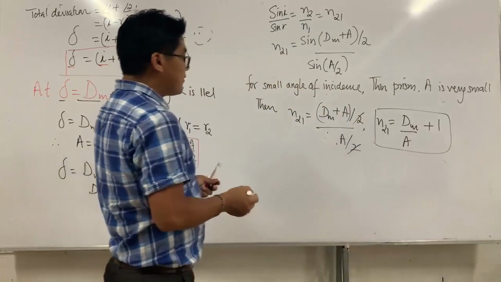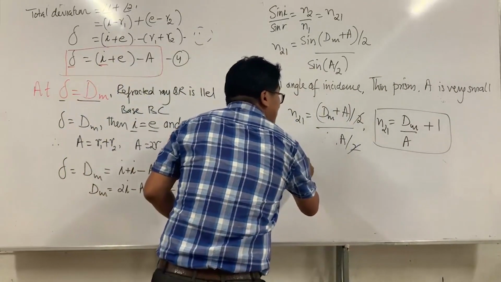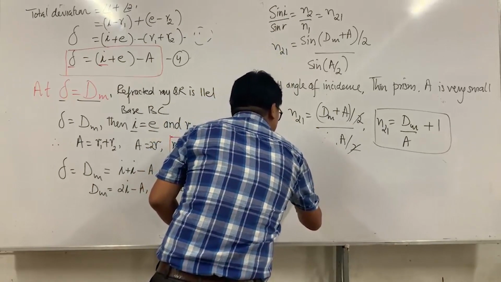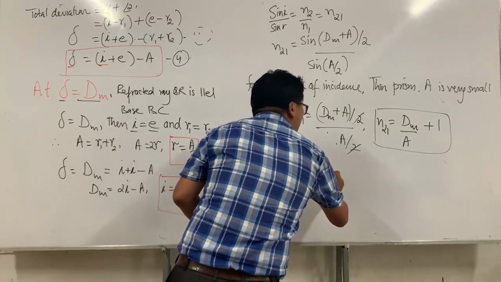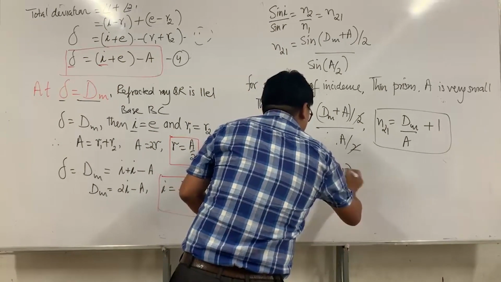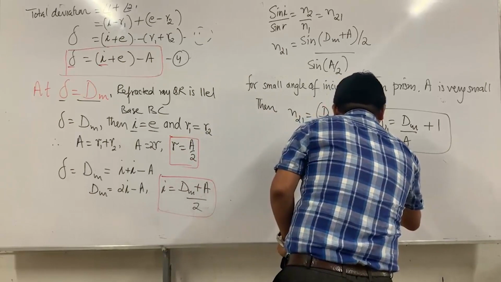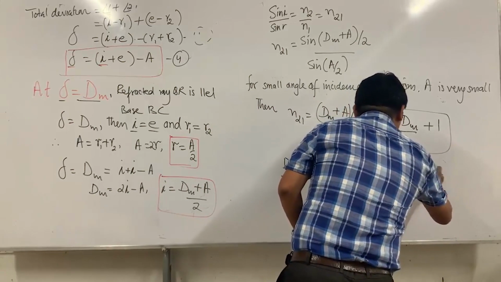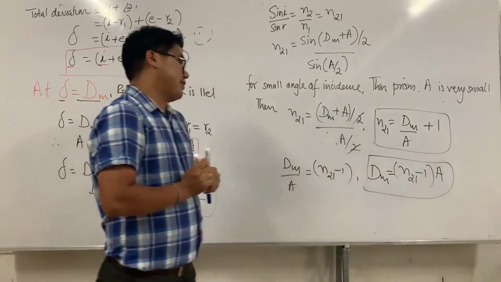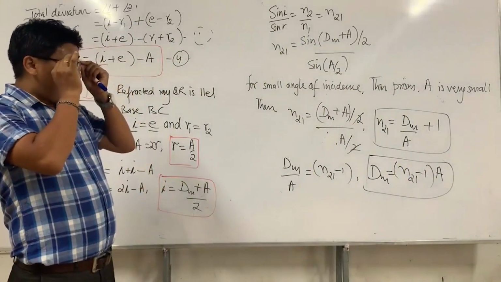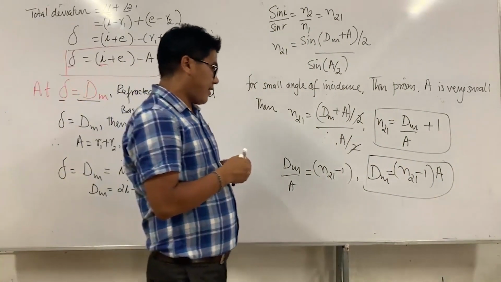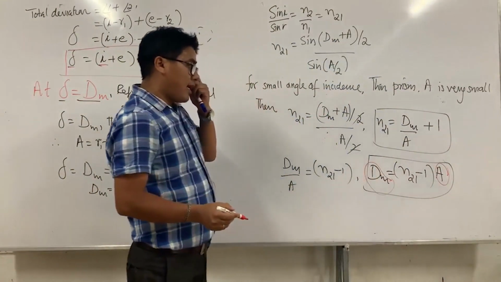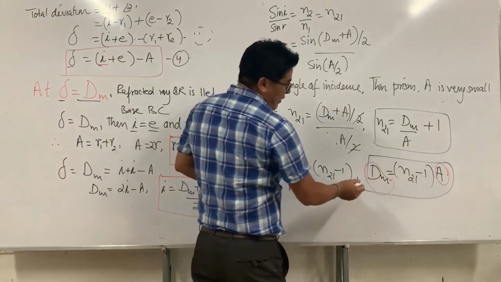So 1 goes to this side, so Dm divided by A is equal to N21 minus 1, and then finally we get Dm equals N21 minus 1 times A. This is the relation between the angle of minimum deviation, the angle of prism, and the refractive index.